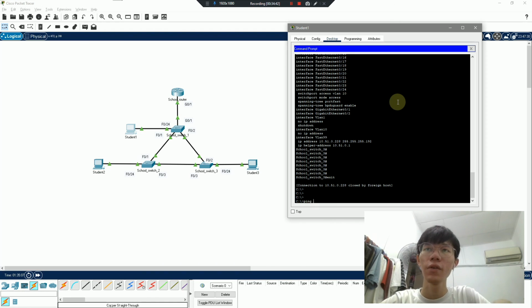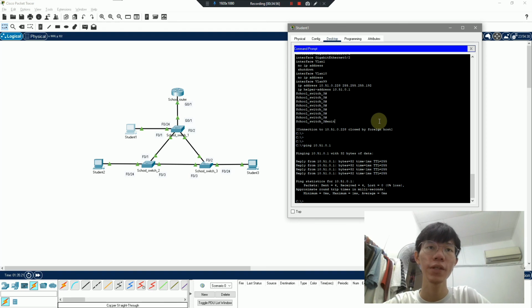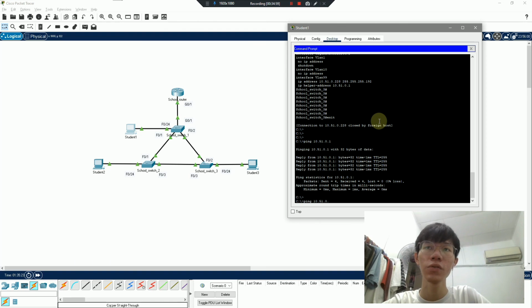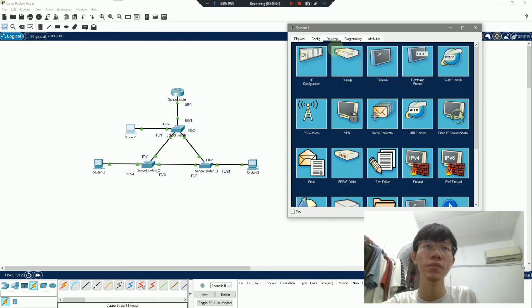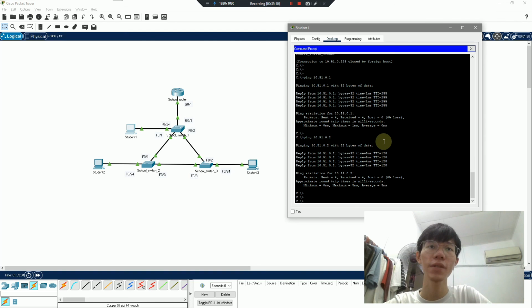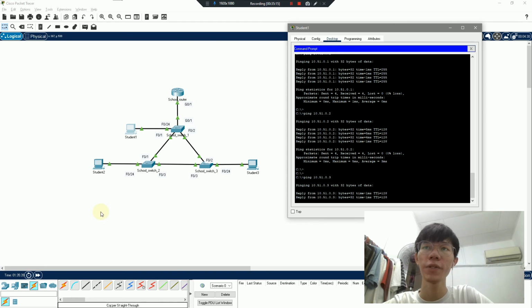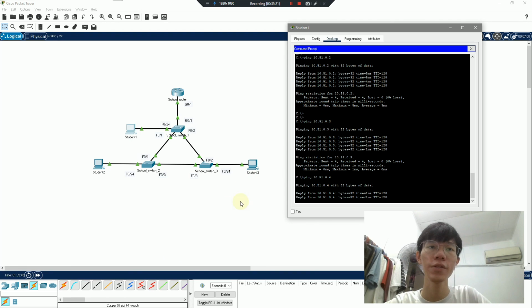From PC Student 1, we can ping the network 192.168.51.0. Address 1 is the default gateway on the router, and 2 is the PC itself, PC Student 1. 3 is PC Student 2, and 4 is PC Student 3.